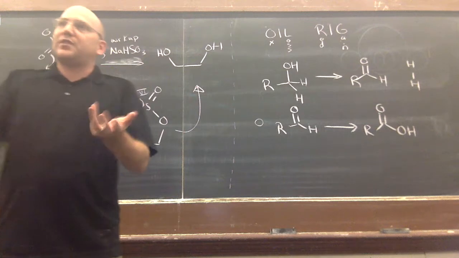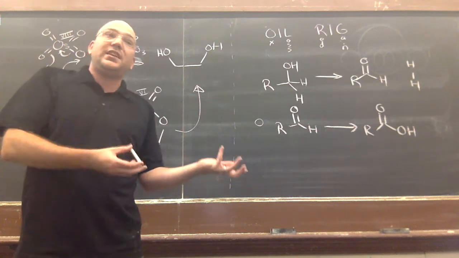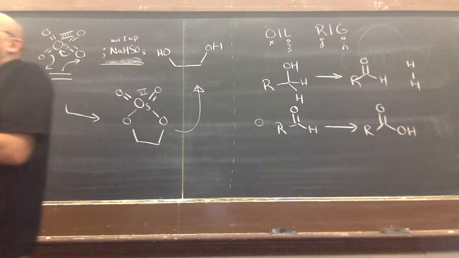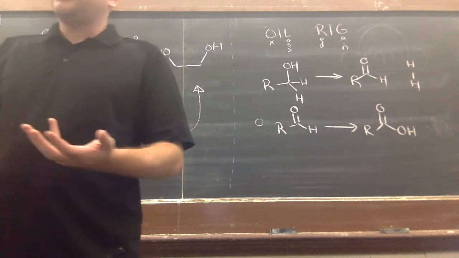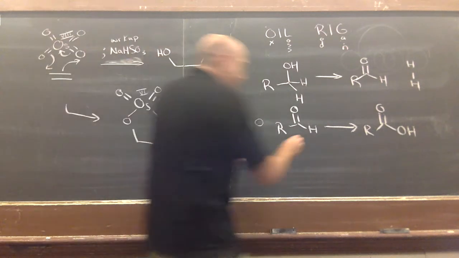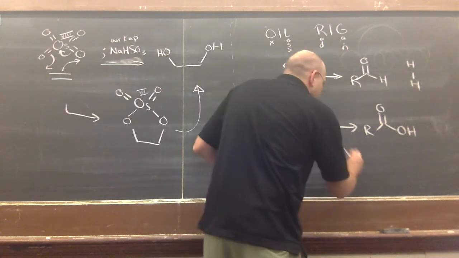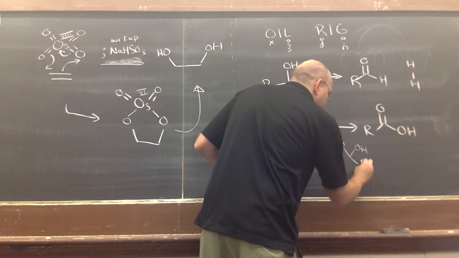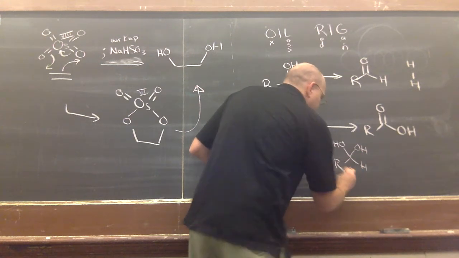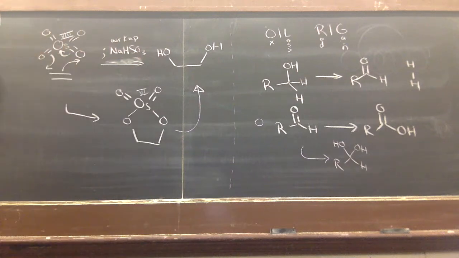This is one of the differences, hopefully you will see, between PCC and chromic acid-based oxidations. Chromic acid-based oxidations are run in aqueous solutions, so the intermediate that you're getting to is that hydrate.